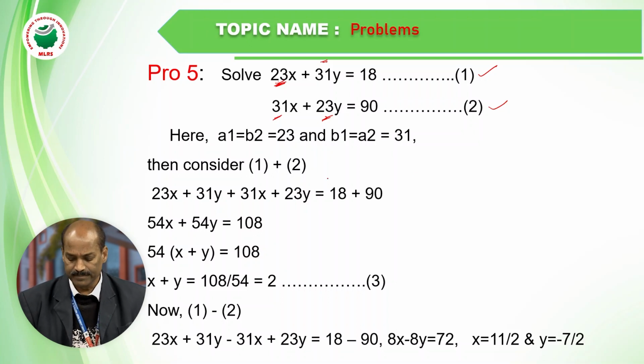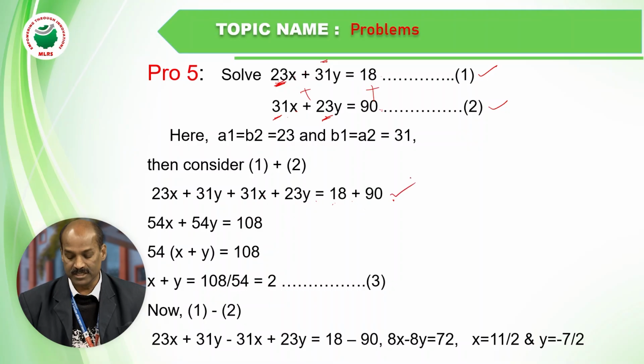Now what we do here, 1 plus 2, you add these two equations, LHS as well as RHS. LHS means left hand side terms you add, and similarly right hand side terms you add. Then we get first equation 23x plus 31y plus second equation LHS 31x plus 23y equal right hand side constant 18 plus second equation right side 90.